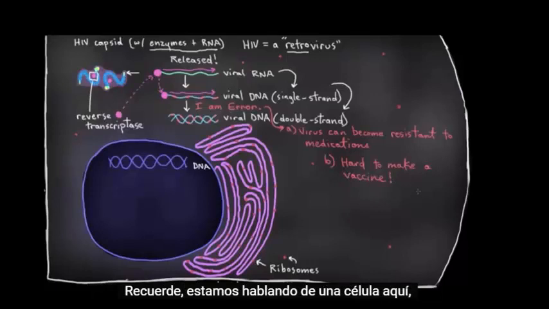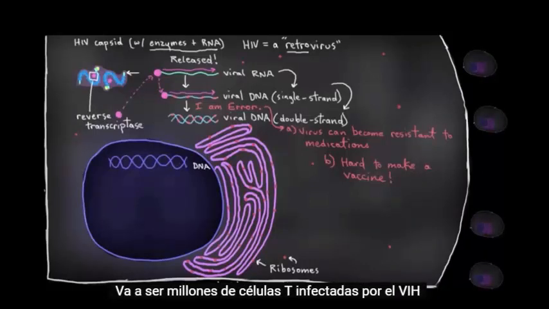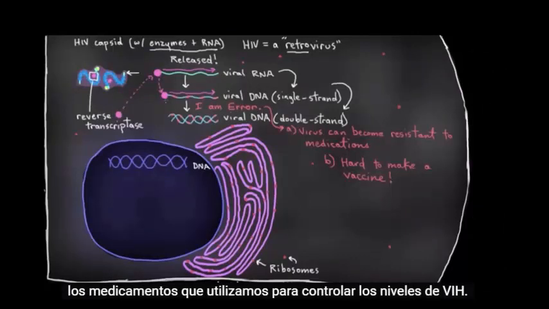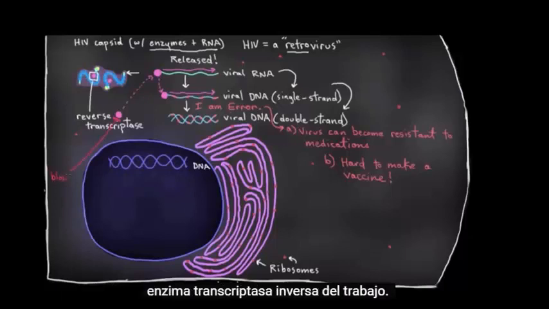Remember, we're talking about one cell here and the mutations that happen within one cell, but keep in mind that there's potentially going to be millions of HIV-infected T cells in which HIV will be mutating ever so often. And actually, this reverse transcriptase enzyme is one of the targets for some of the medication we use to control HIV levels. We try to block this viral reverse transcriptase enzyme from working.